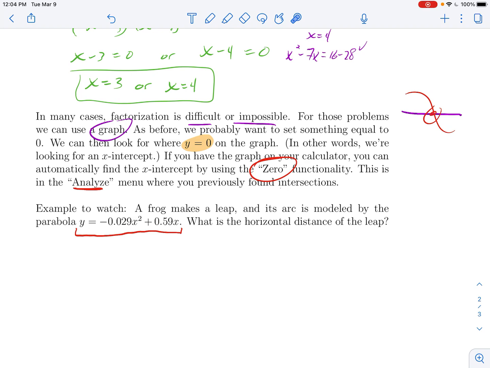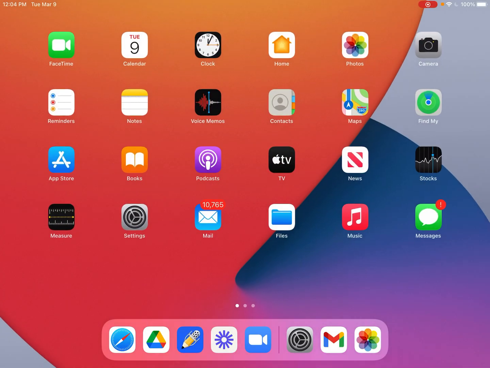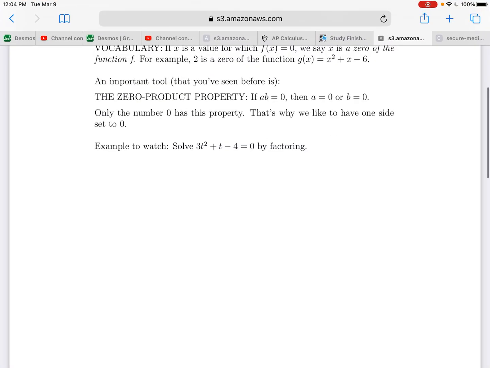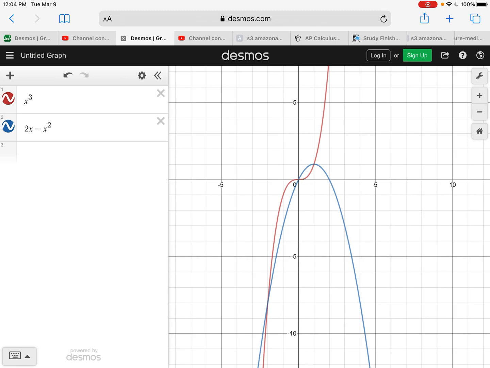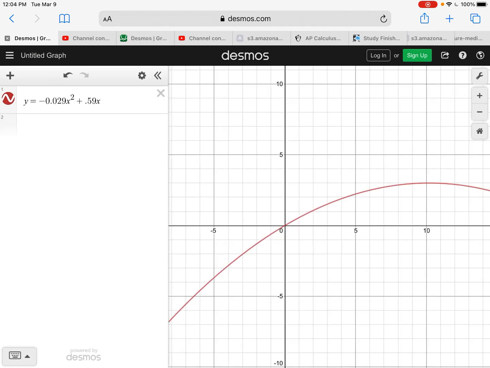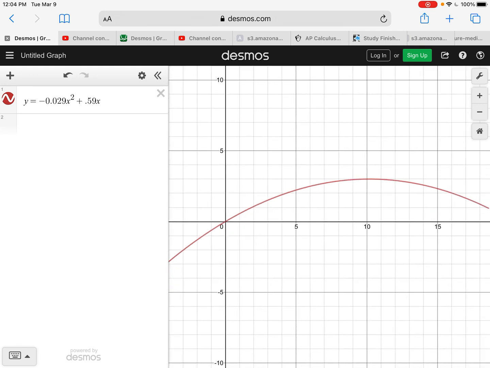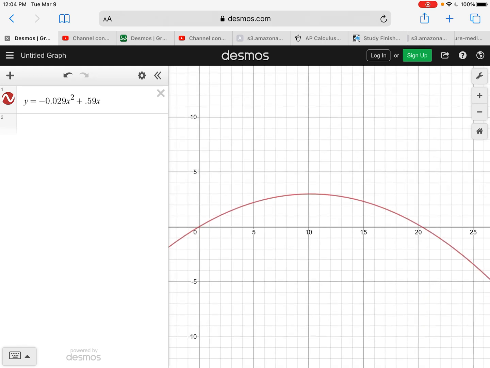So what I've done is I've graphed this on Desmos. So I already put in that equation, and we can see we have a parabola, and if I change my window enough, I can see, all right, presumably this only makes sense for positive y, but we see this arc where the frog is basically starting at the origin, moves to the right, goes up and down.